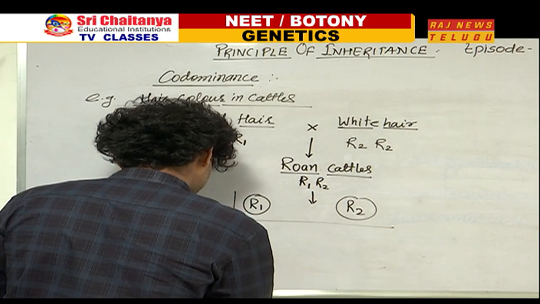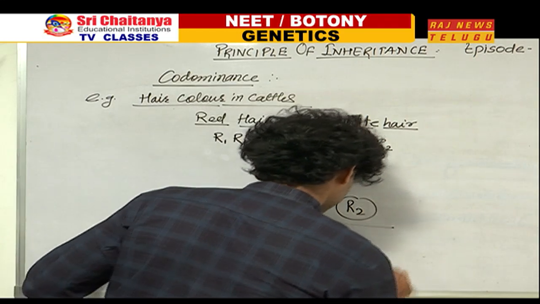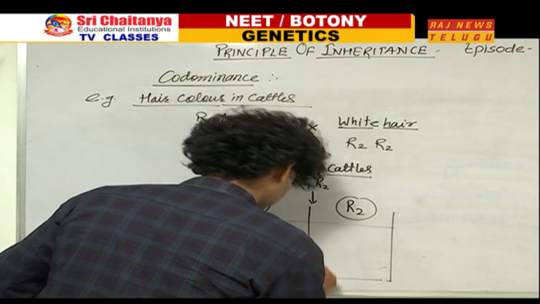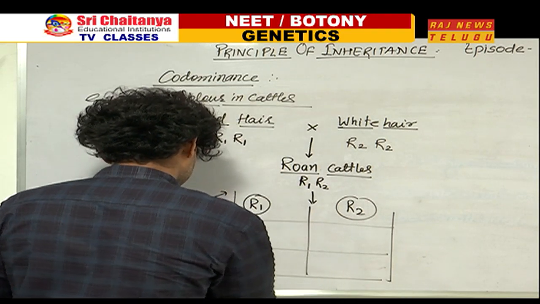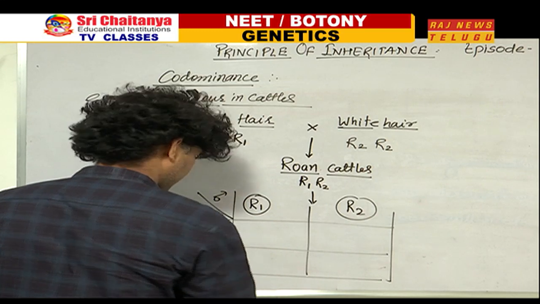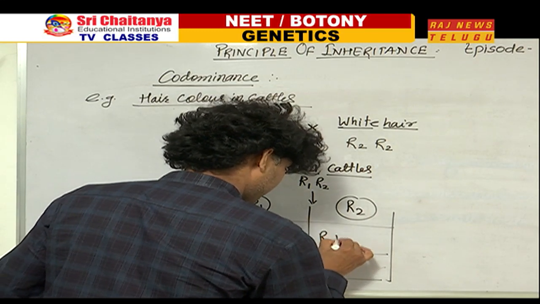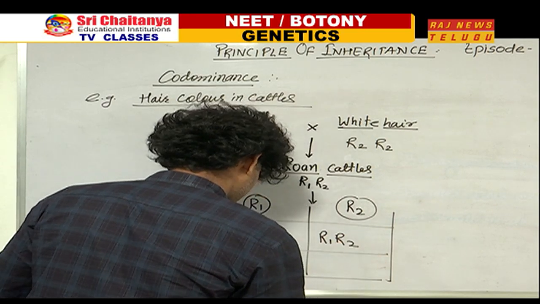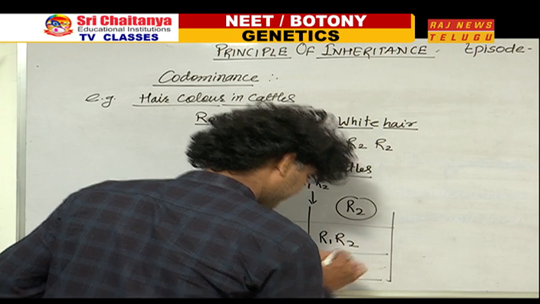Similarly, half of the gametes R1 and half of the gametes R2. This is R1 R1, this is R1 R2, this is R1 R2, and this is R2 R2.